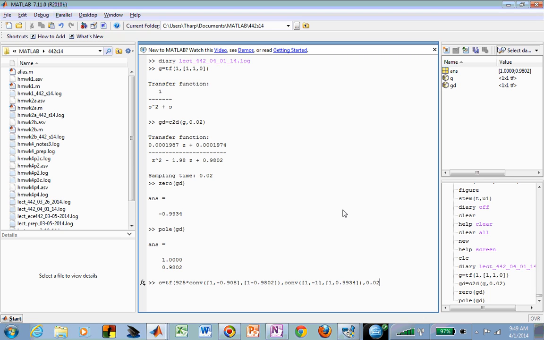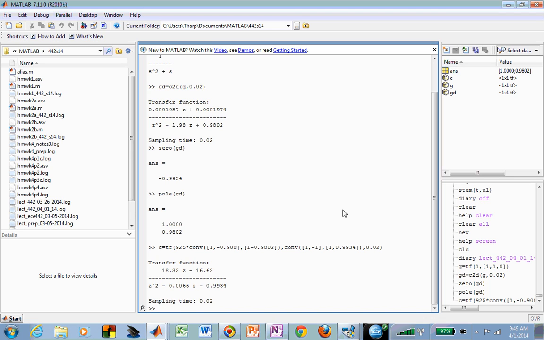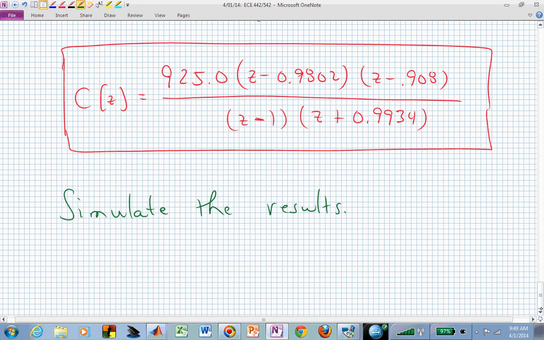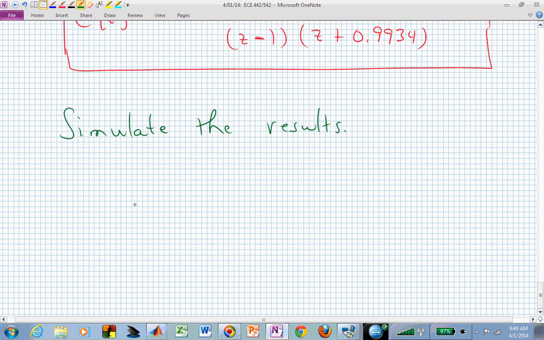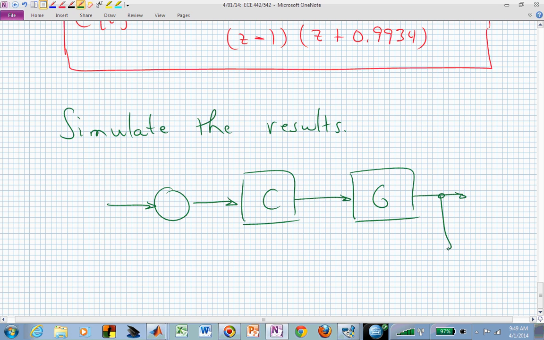And again, this is with a sample period of 20 milliseconds, or 0.02. There is now my controller transfer function. I now need to find my closed loop transfer function. I have C that I just created. I had G from before.